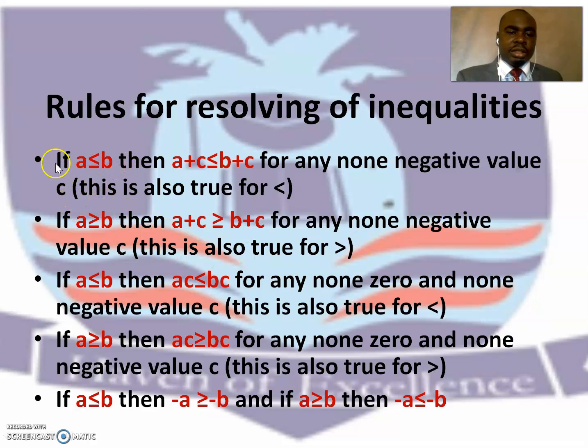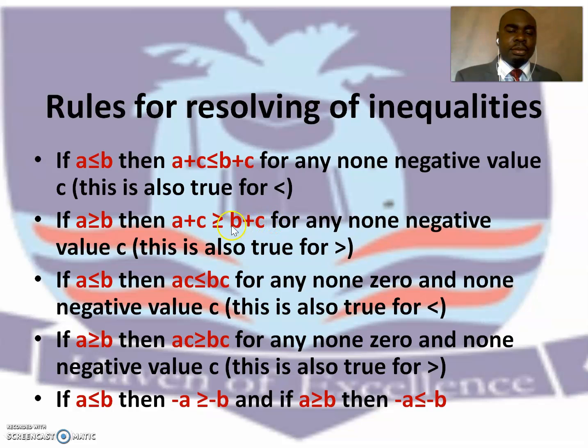These rules, the first and second rules, simply tell us that if we have any number less than another number, and we add the same constant number c, a plus c will remain less than b plus c.